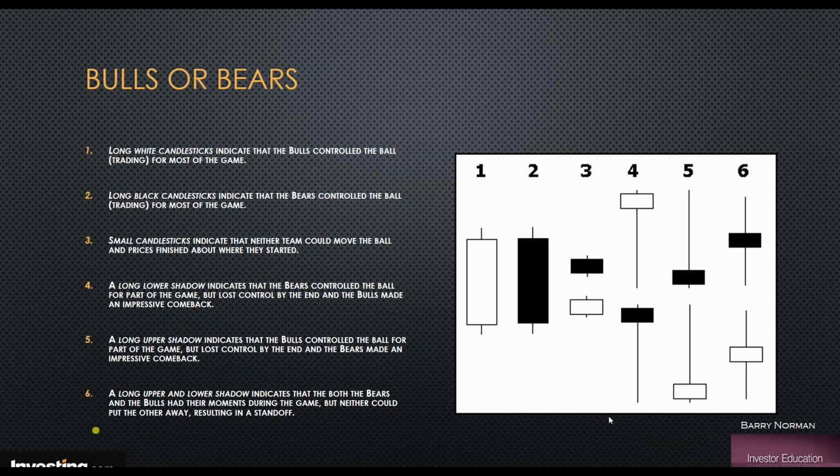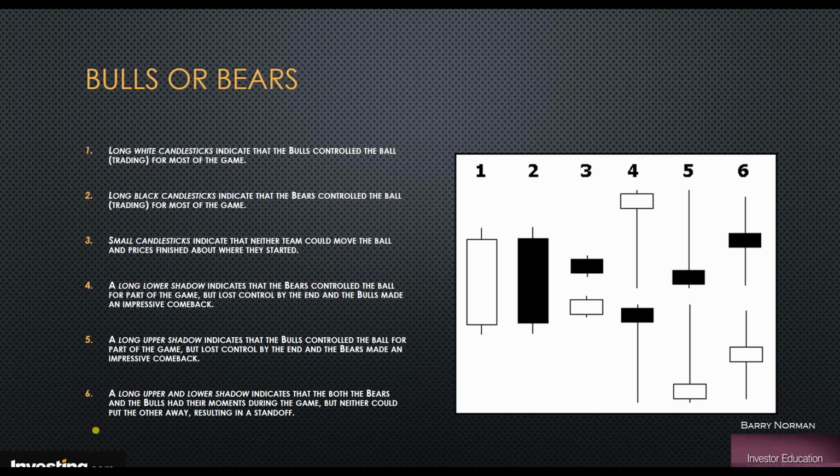That's why the open and the close were relatively the same, even though you had a lot of movement in that session. So the longer upper shadow indicates that the bulls controlled the ball for most of the game but lost control by the end, and the bears made an impressive comeback. Just the opposite of number 4.